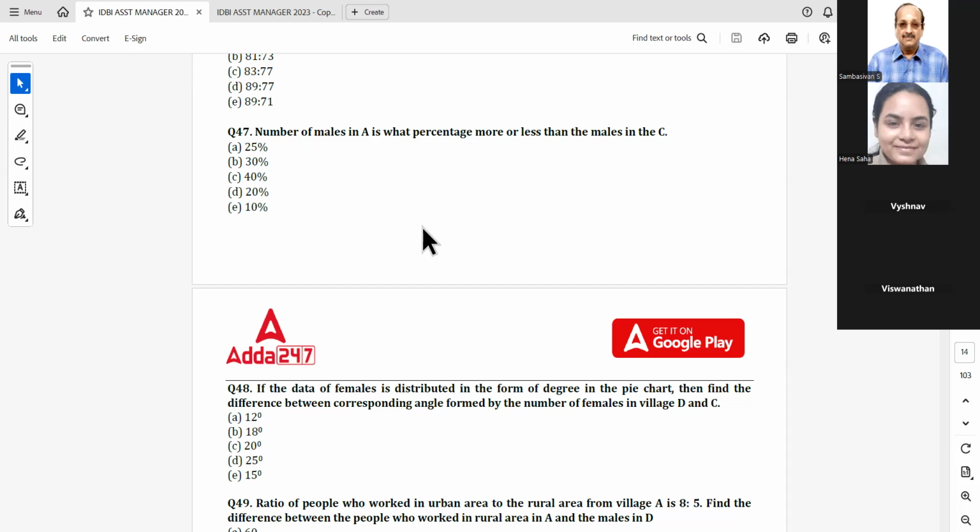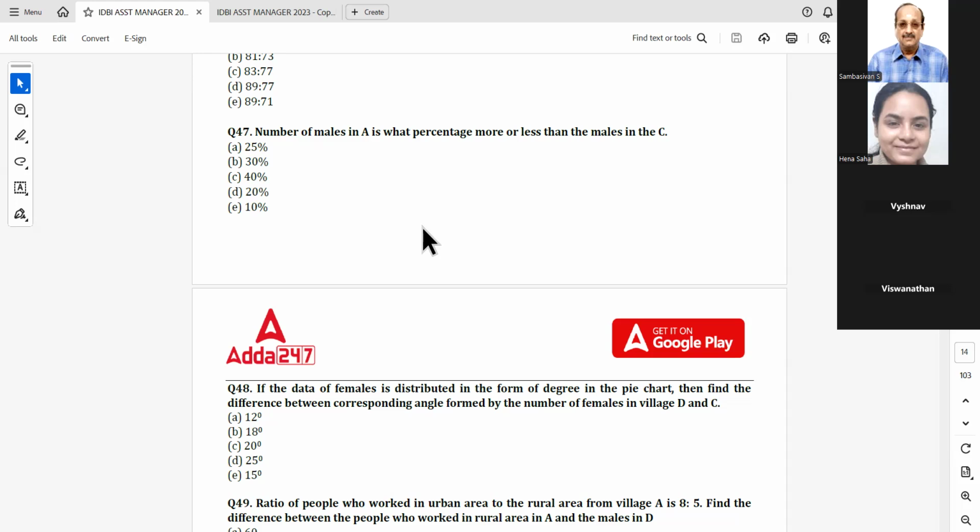If the data of female is distributed in the form of pie chart, see, putting it in a pie chart, the total degrees will be 360 degrees. Then the difference between girls in C and D, how many degrees will it come?